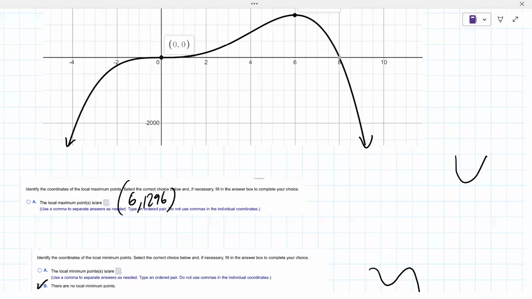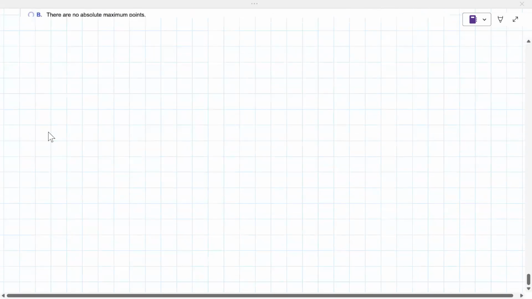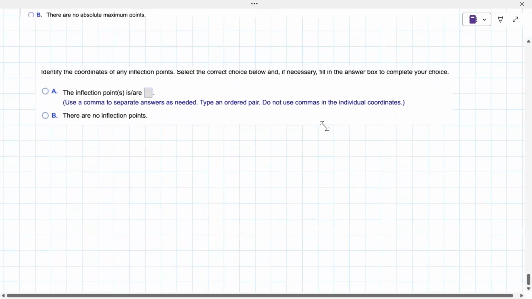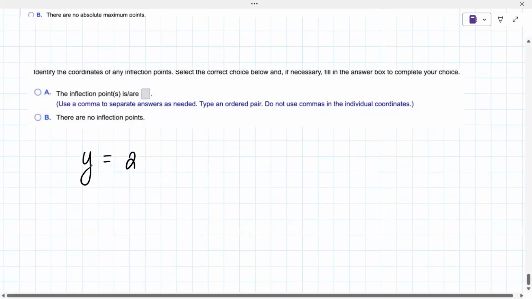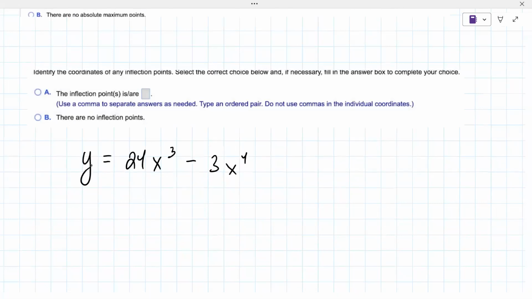Now for the inflection points, unfortunately, you do have to take 2 derivatives, which is really annoying because you can't get that from the graph. So you do have to go back to your calculus here, which is 24x cubed minus 3x to the 4th.